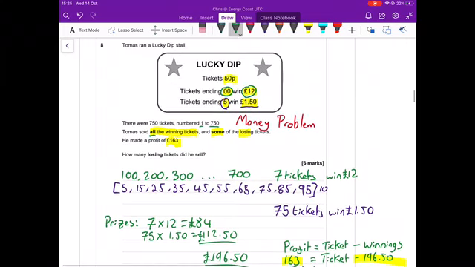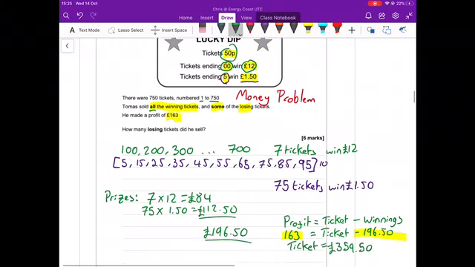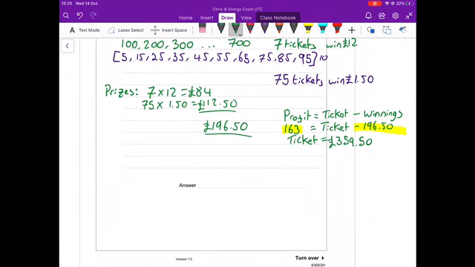Okay, let's go back up a sec. Each ticket was 50p. So if I divide this by £0.50, which is how much each ticket is, it tells me that he sold 719 tickets, okay?